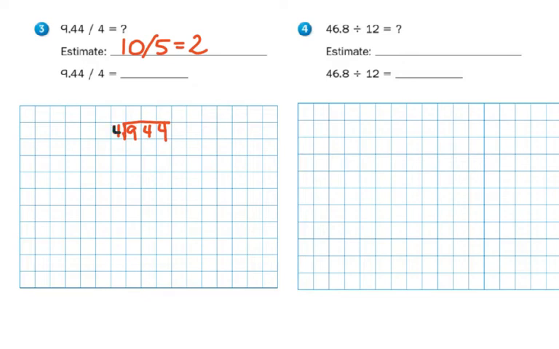How many 4s are there in 9? There's 2. Does McDonald's sell cheeseburgers? Divide, multiply, subtract, check it, make sure it's smaller than the divisor, and bring down. So 2 times 4 is 8.